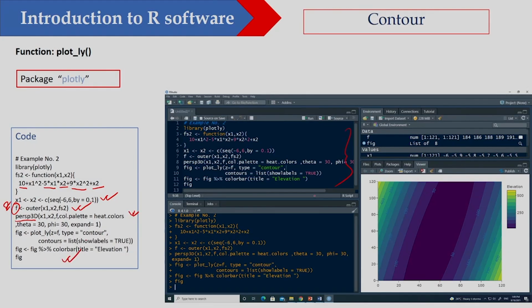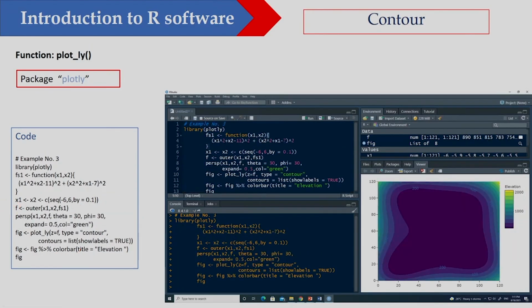If you execute these lines, you will get the plot, and you can also see the color bar here. The color bar is for different values of z, so you can see the contour values. This is for 50, this is for 150, this is for 100. That also you can plot.